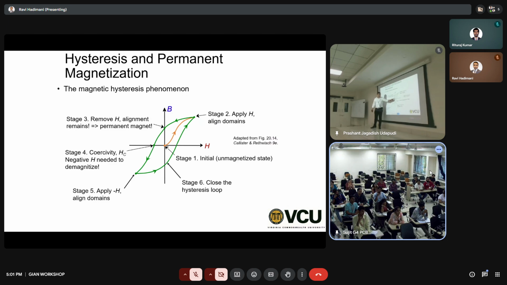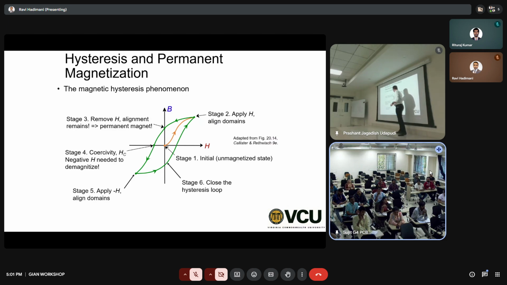That is how much field you need to apply to make the remanence go away. So for some magnetic materials, if you apply a magnetic field, meaning if you apply current near them, they saturate, and if you take the current off, they retain some magnetization.